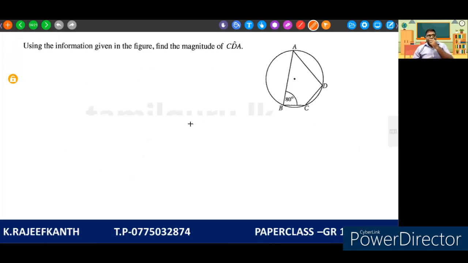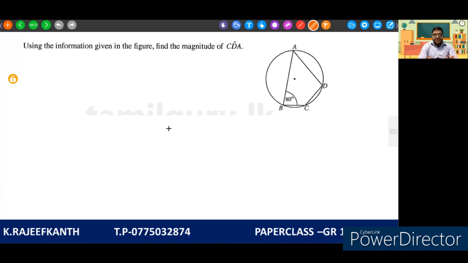Then next one, using the information given in the figure, find the magnitude of angle CDA. So first you have to understand the question. What is this figure? Here they have given a circle and also ABCD is a quadrilateral.